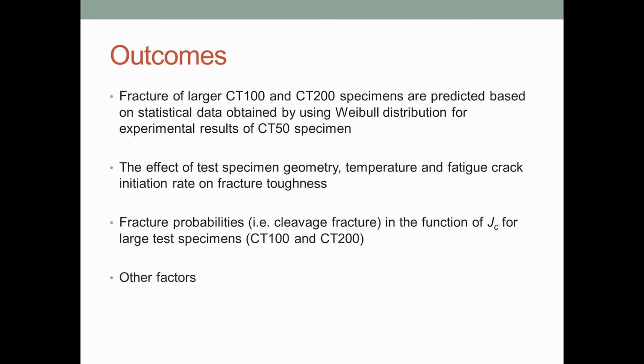In this paper, we want to present that the fracture of larger CT specimens is predicted based on statistical data obtained by using Weibull distribution for experimental results of smaller specimens. In this case, smaller specimens are CT50 specimens.